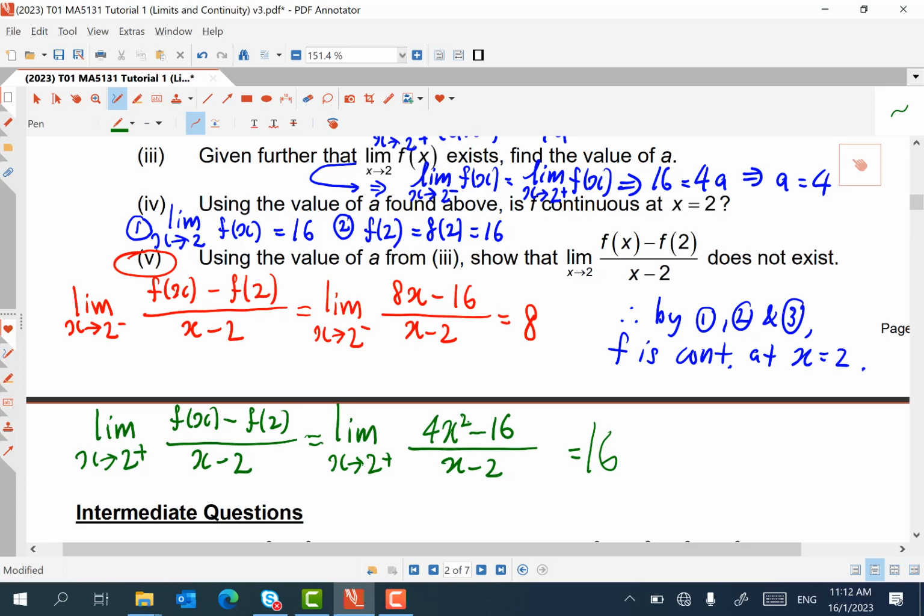Okay, and this is not equals to limit, not 0, not 0.